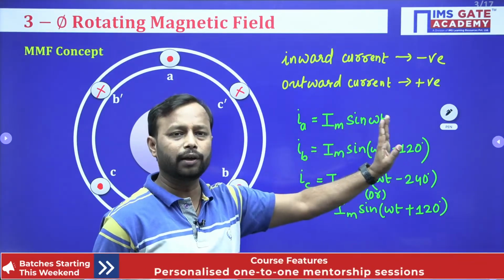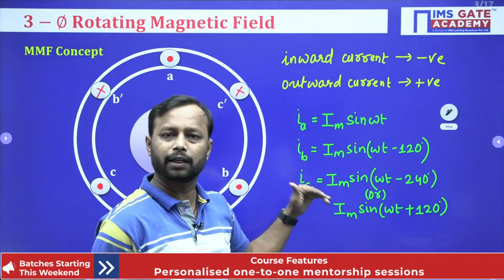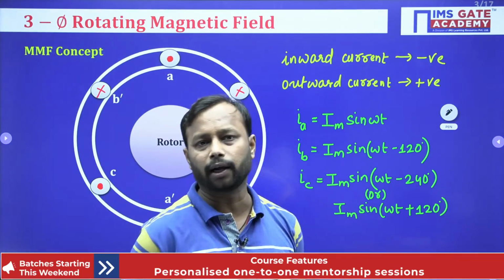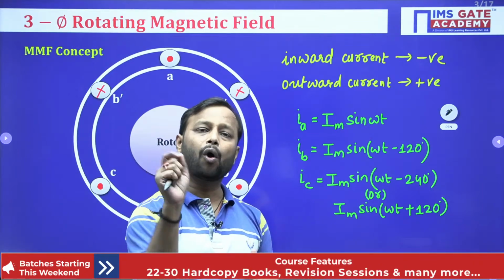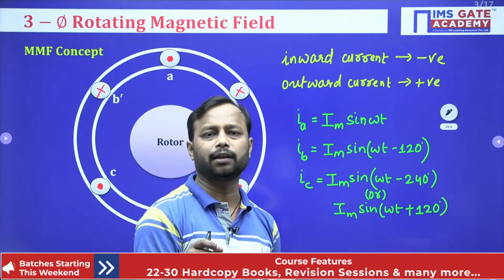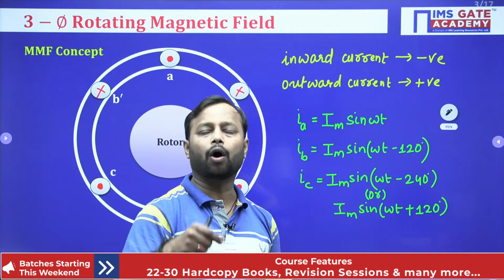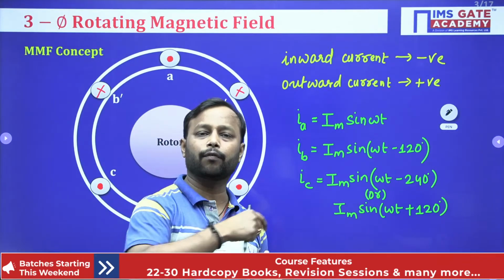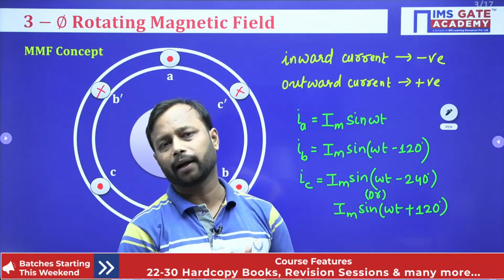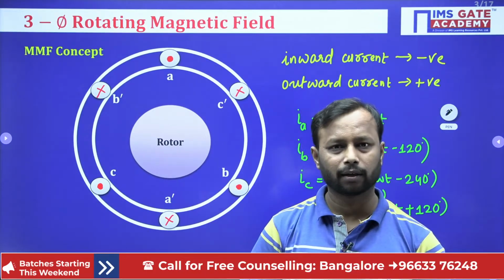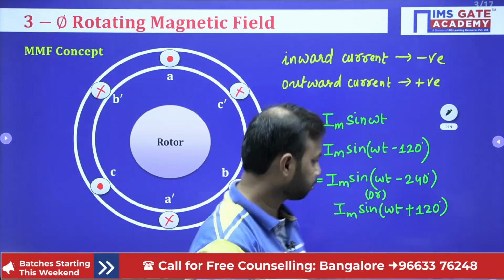So this is alternating. Similarly, IB and IC are also alternating. Whenever an alternating current is passing through the coil, then a magnetic field is going to be induced in that. This we have seen, isn't it?